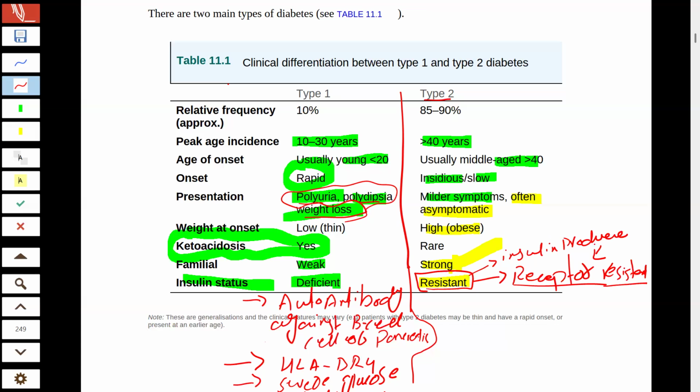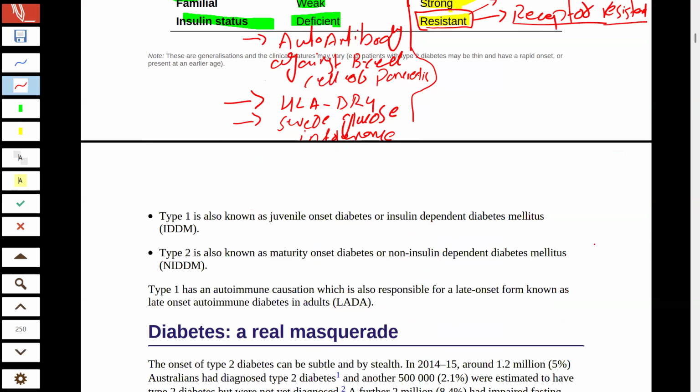So insulin is present in type 2, but there is a problem at the receptor. In early stages, insulin is present in the body in type 2, but later on with the passage of time, due to exhaustion of the beta cells of the pancreas, insulin production also decreases in type 2. But in early stages, the level is normal in the body.